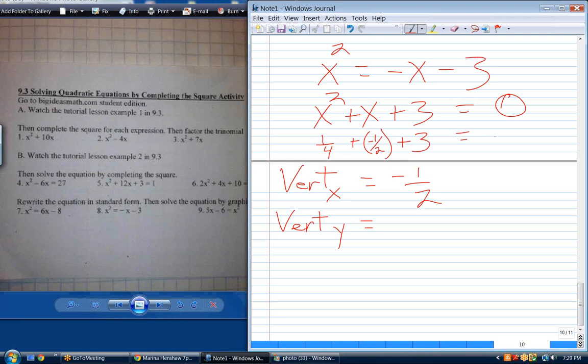That looks like it's 2 3/4. Wait, wouldn't it be 1? Did I do my math wrong? Let's see. This is 2/4. So we have 1/4 minus 2/4, which is a negative 1/4, plus 3 is 2 3/4.